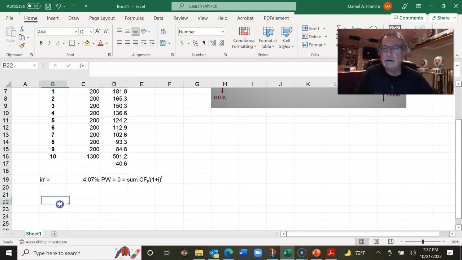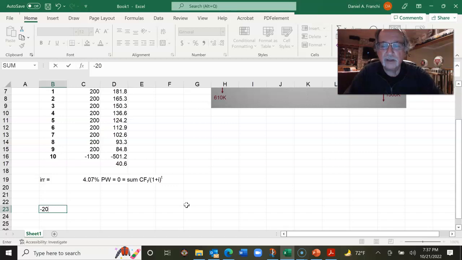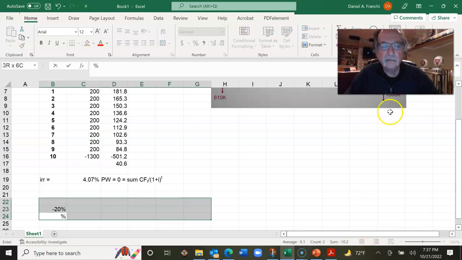Now, what we can do here is, let's say we want, and let's do it from negative 20%, and I'll explain that in just a second, all the way up to 50% in increments of 10%.